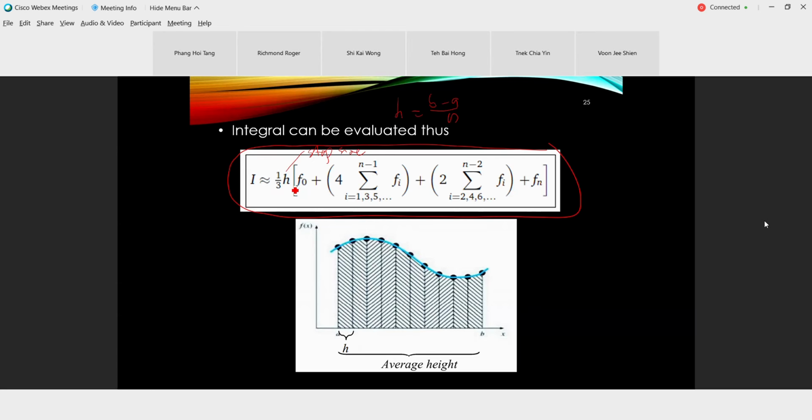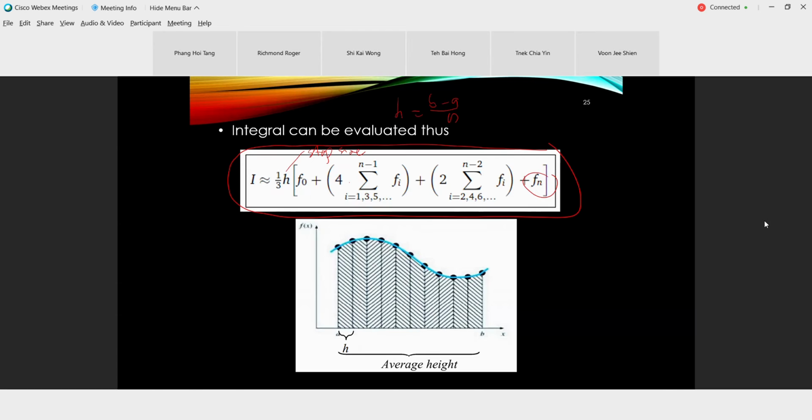Multiply F naught plus the summation of all the function values multiplied with 4, for the odd numbers 1, 3, 5, 7, 9 and so on, plus 2 for the even numbers 2, 4, 6, 8, 10, 12 and so on, plus the n function.